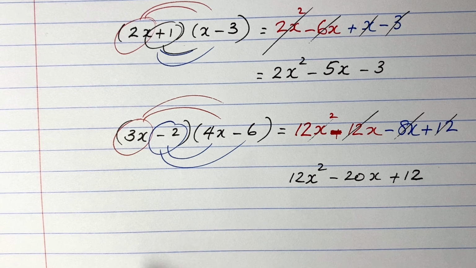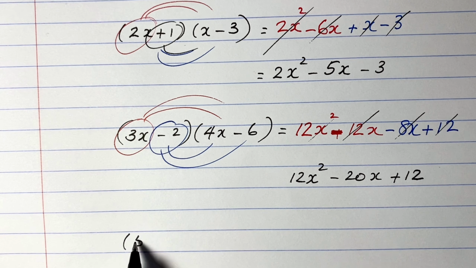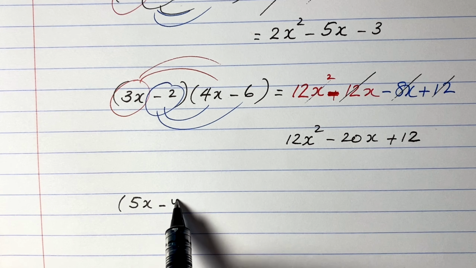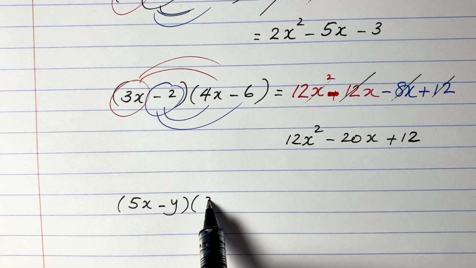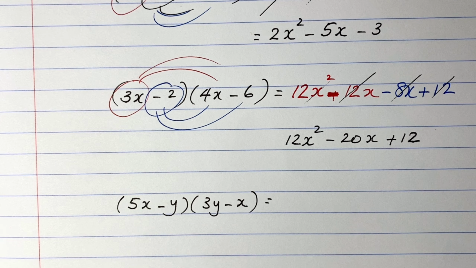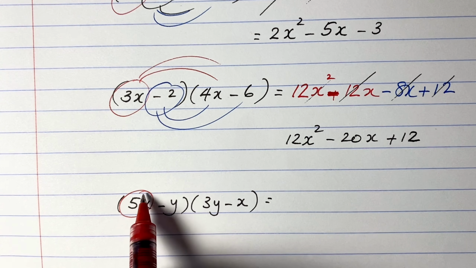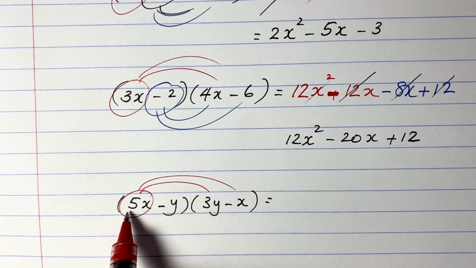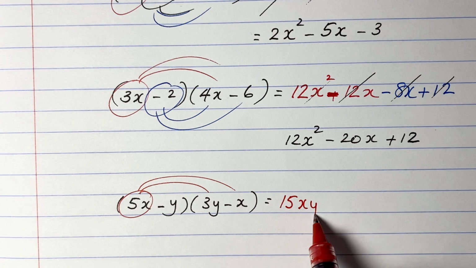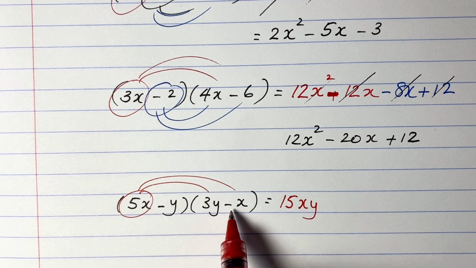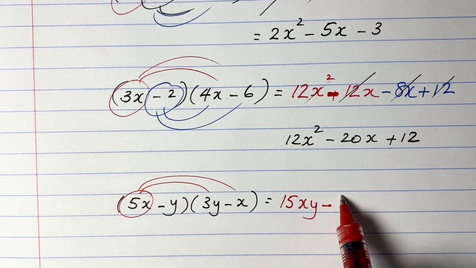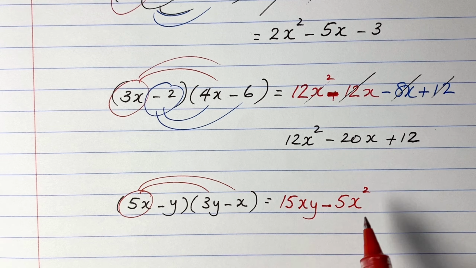One more example to finish this lesson. 5x minus y, 3y minus x. First term in the first bracket, times, 5x times 3y, that's 15xy. 5x times minus x, positive times negative, it's negative. 5x times x is 5xx, which is 5x squared for short.